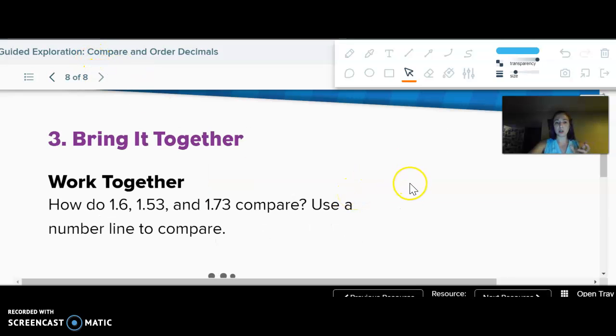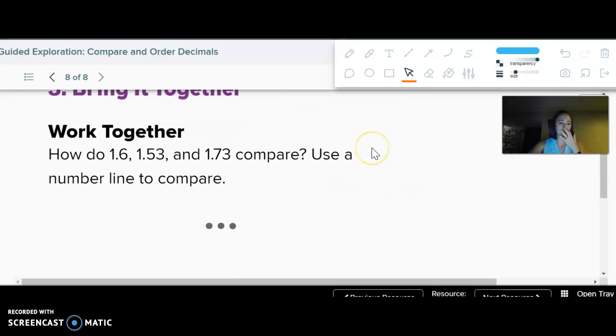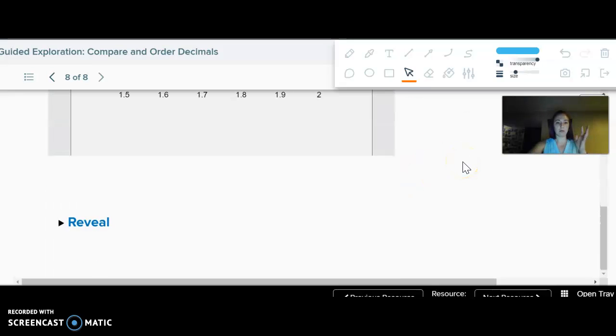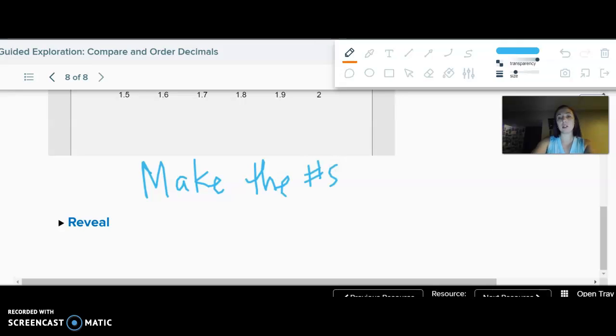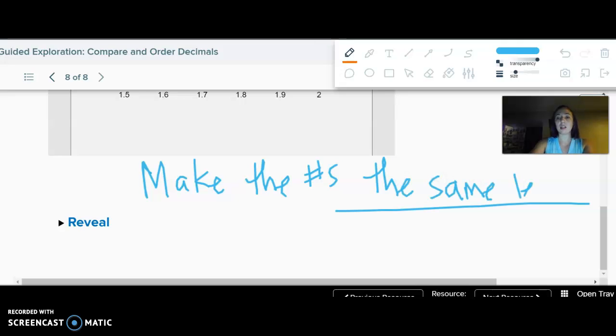One thing I do want you to write in your notes, I'm just going to use this space down here. So a tip for me is to make the numbers the same length, and we do that by adding zeros at the end.